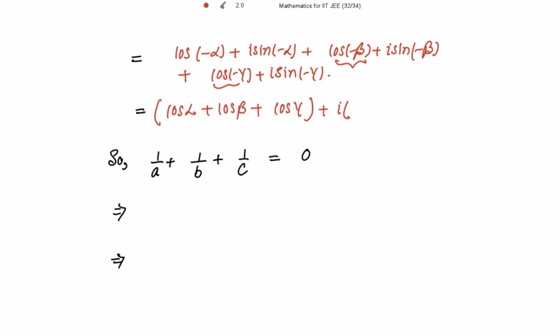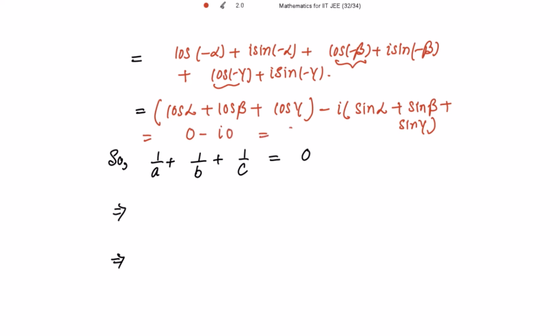Now sine of negative alpha is negative sine of alpha. So taking the negative outside as common from all the terms of sines, this is sine of alpha plus sine of beta plus sine of gamma. And again, because the sum of cos alpha, cos beta, cos gamma is given to be 0, minus iota, and the sum of sine alpha, sine beta, sine gamma is also 0.